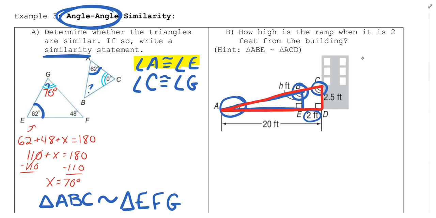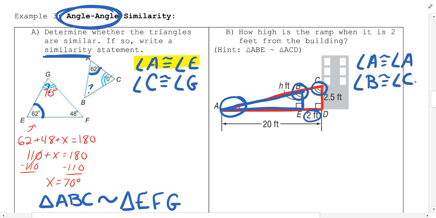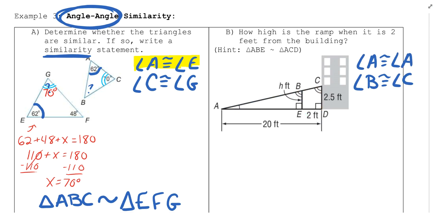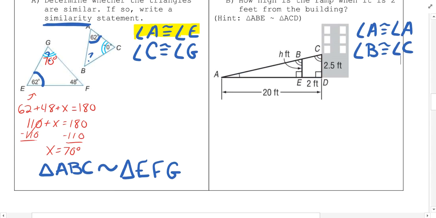So we would be able to say that angle A is congruent to angle A, and then angle B is congruent to angle C. So since that tells me that I have two similar triangles, I can then use what I know about similar triangles, which is that the sides are proportional, to help me solve for this missing side length.